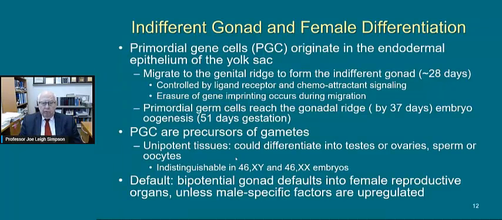All of us know that primordial germ cells originate in the epithelium of the yolk sac. We don't think about it very much, and it's not a clinically relevant fact to relate to patients.